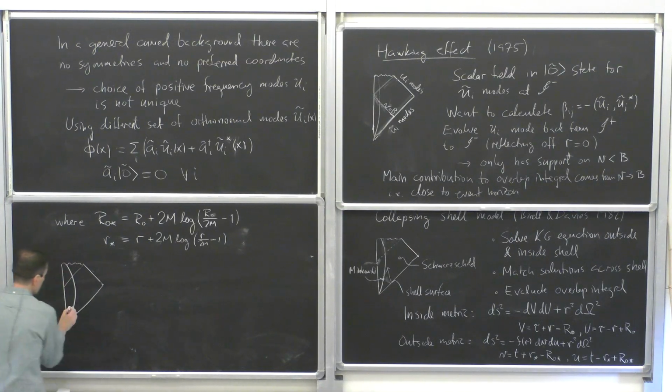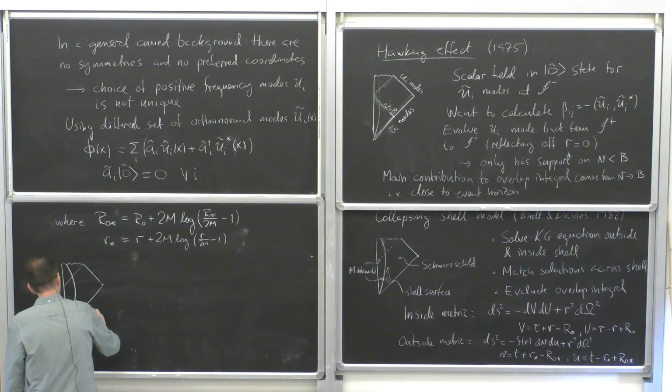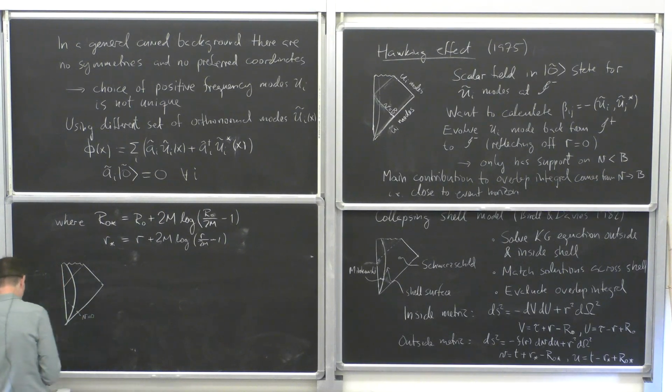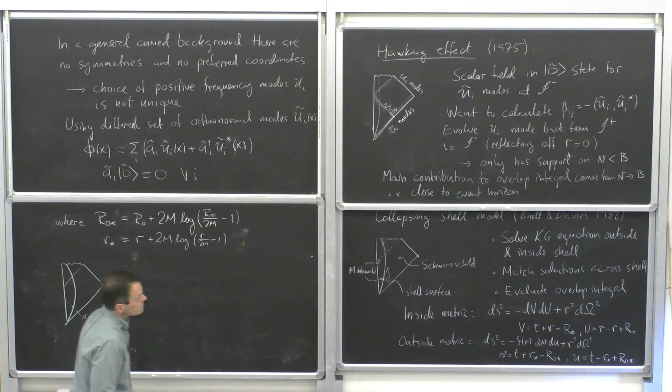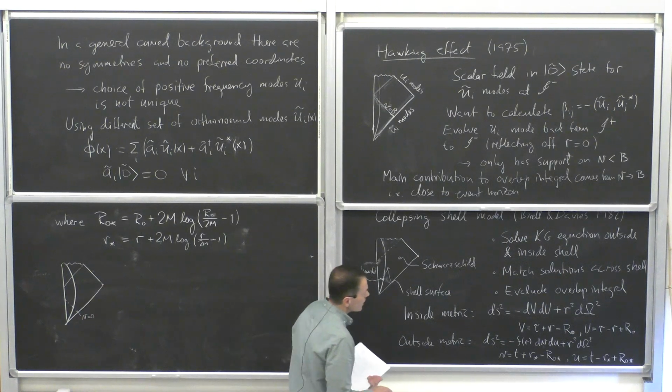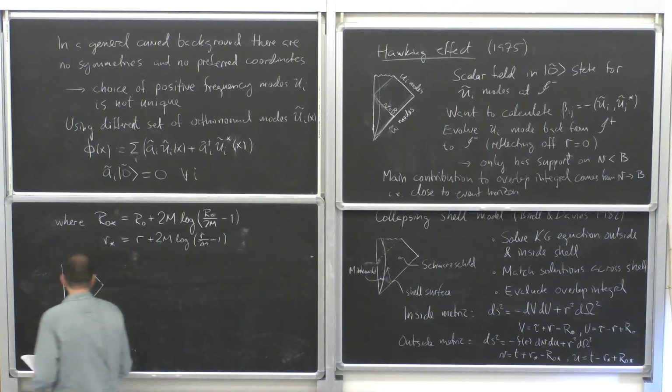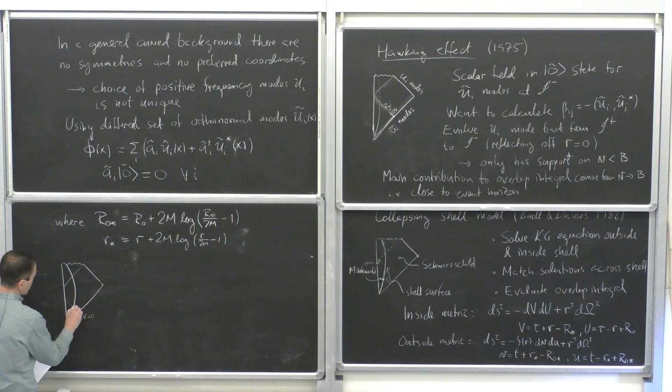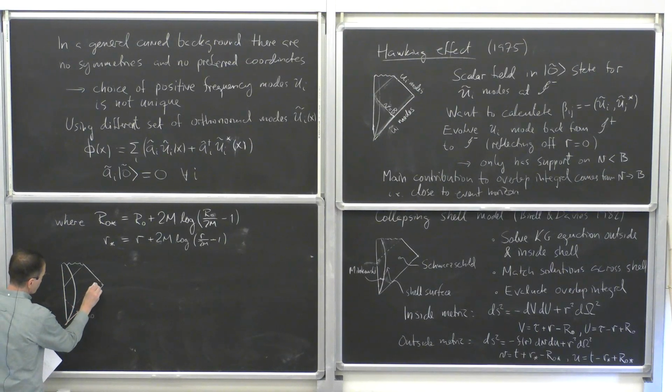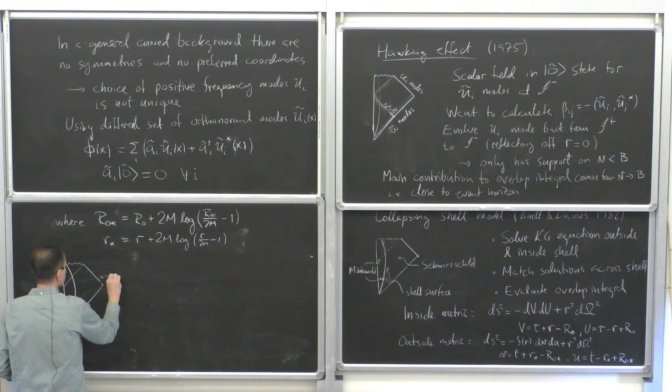So I'm arranging things so that this here is v equal to 0, and this is going to be u equal to 0.